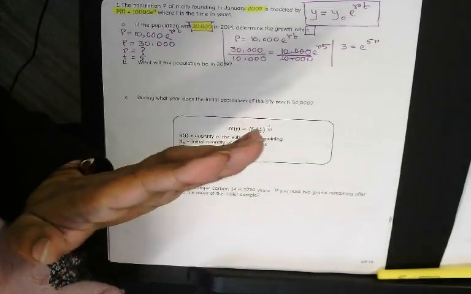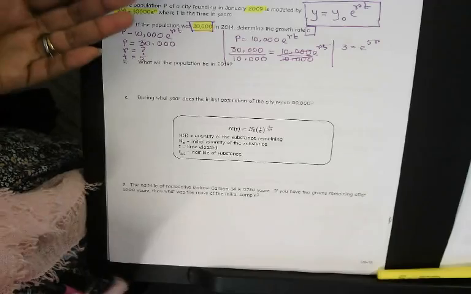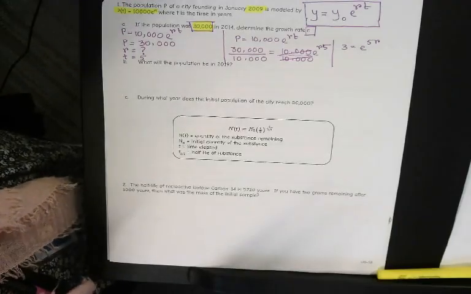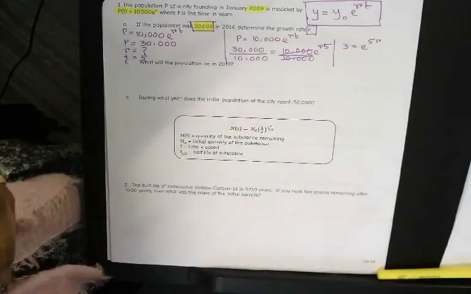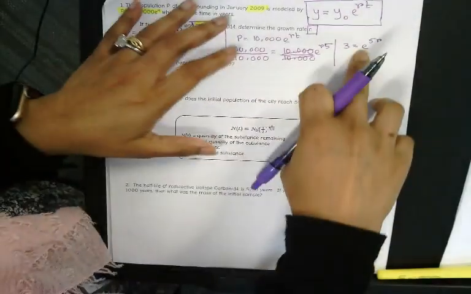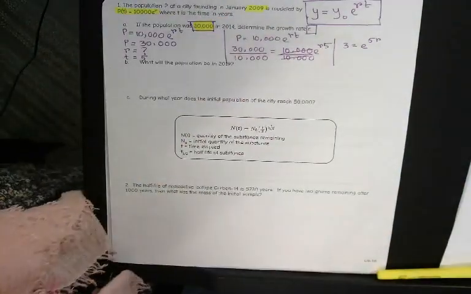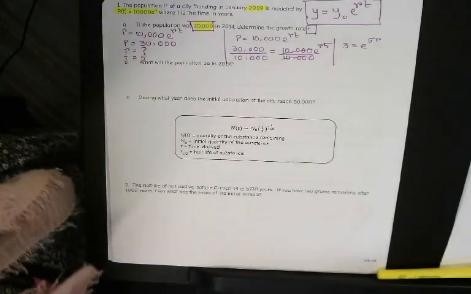No, I need to find the r value. Now I need to get rid of the e somehow. If I take ln on one side, that's going to cancel e. That's how we cancel. Like if I have a square, I take a square root to cancel the square.